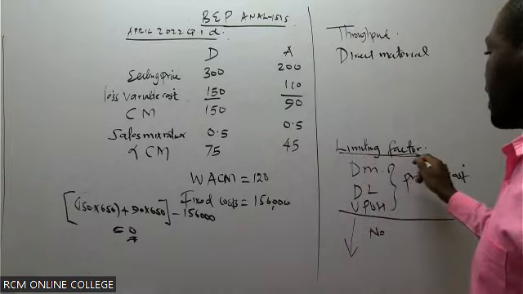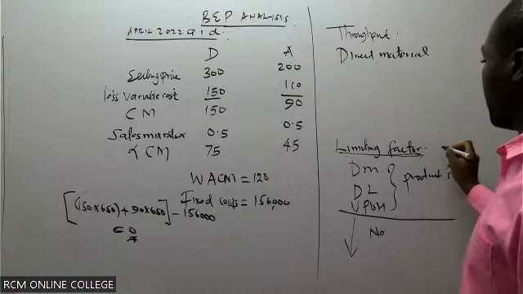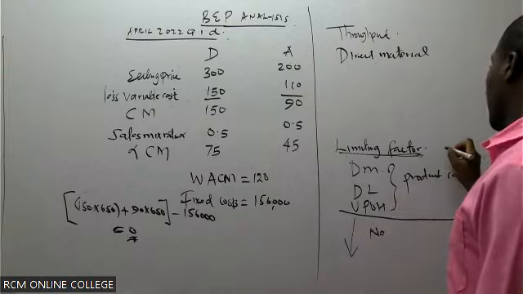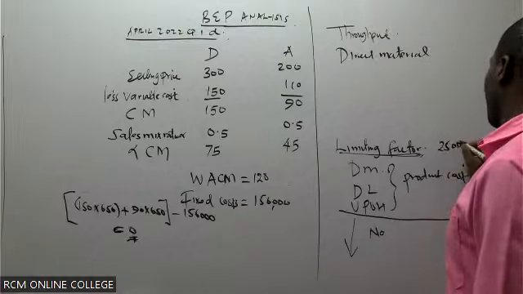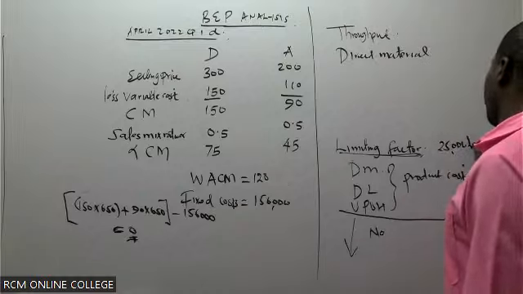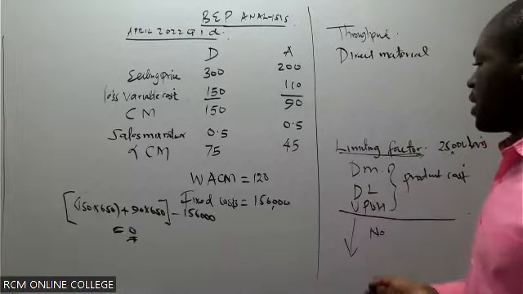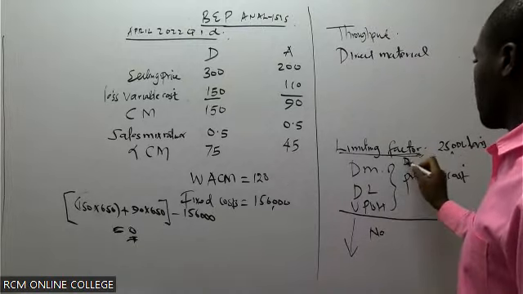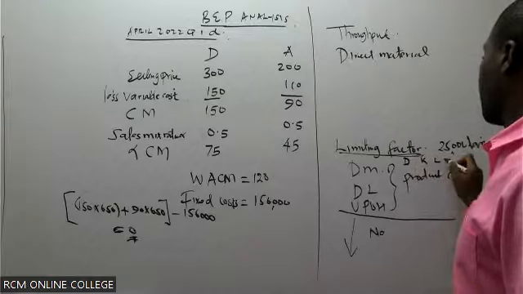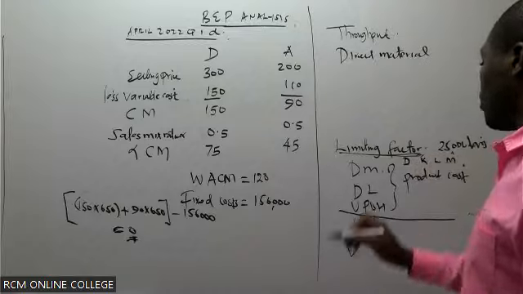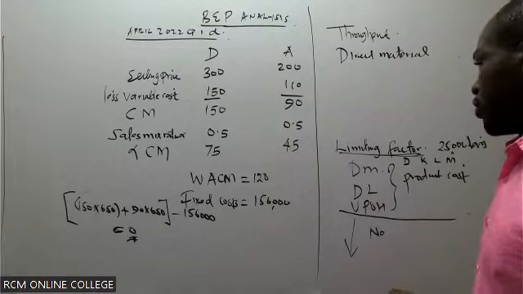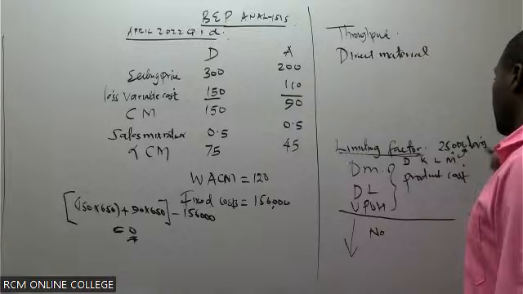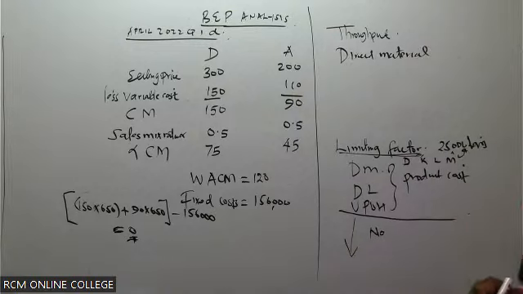The limiting factor here, let's say you have been told that the company, based on the demand of this particular product, requires 25,000 labor hours for them to be able to produce products T, D, K, L, M. So these are 4 products they're supposed to produce, and for them to meet the market demand, they need 25,000 labor hours.